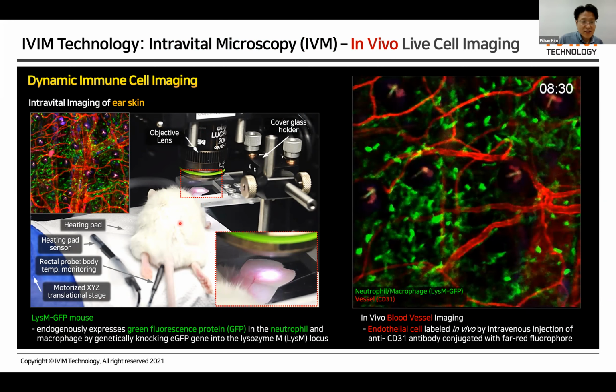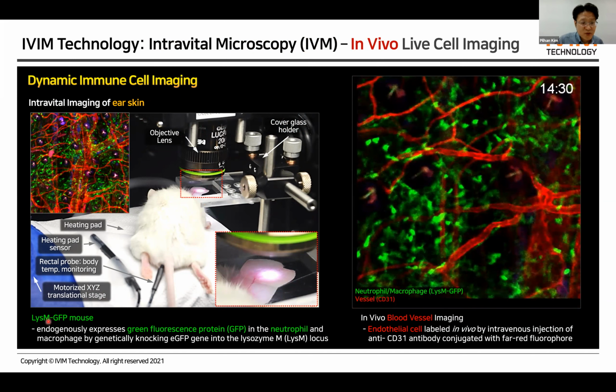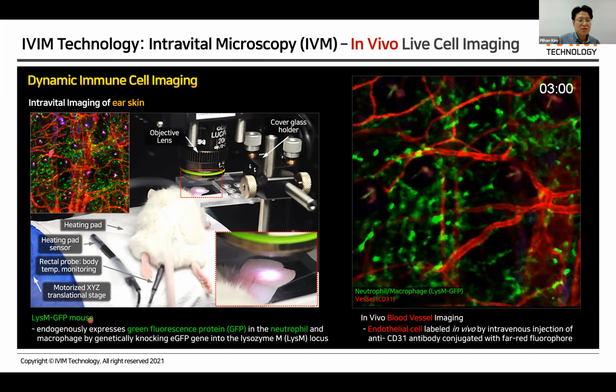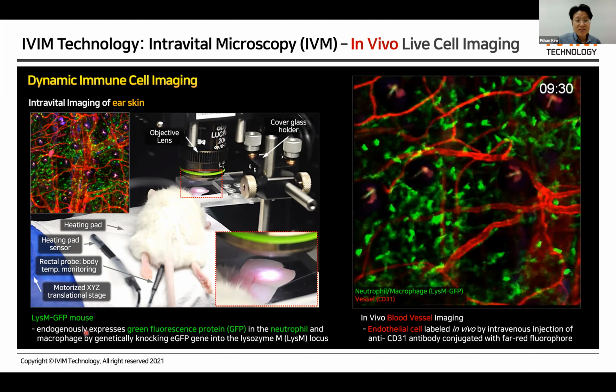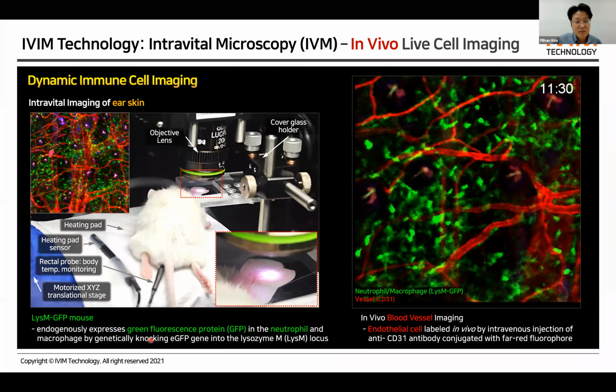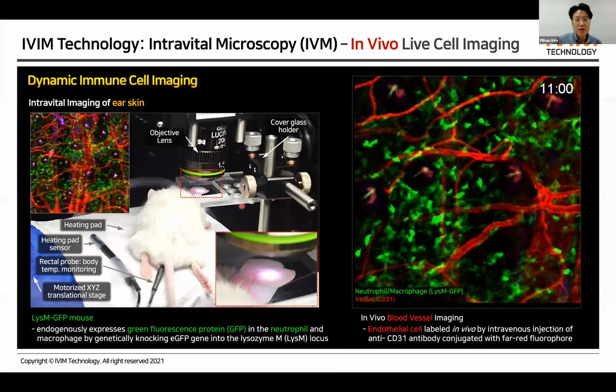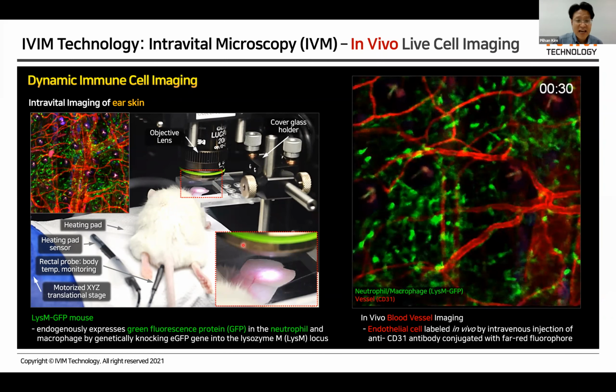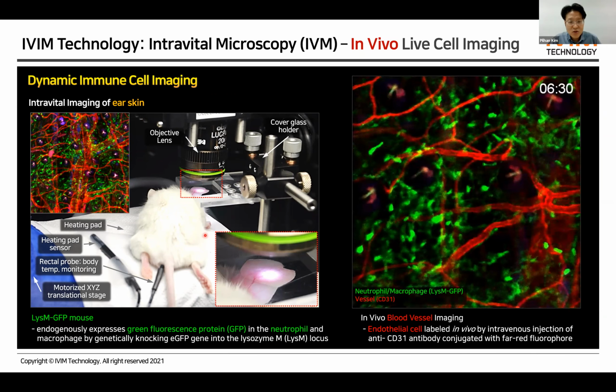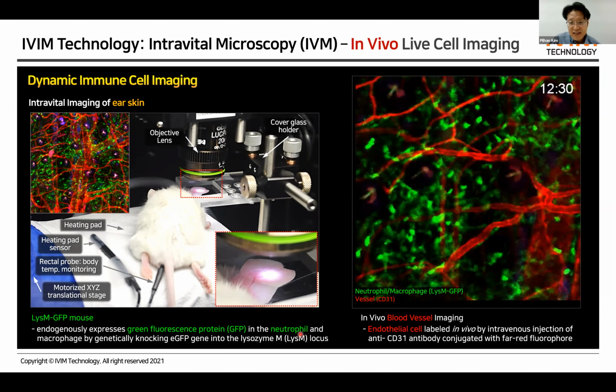In this particular example, we use the IVIM GFP mouse model. In this mouse, GFP, the green fluorescent protein, is endogenously expressed in the neutrophils and macrophages in the skin. So we don't need additional staining or labeling to image these neutrophils and macrophages.